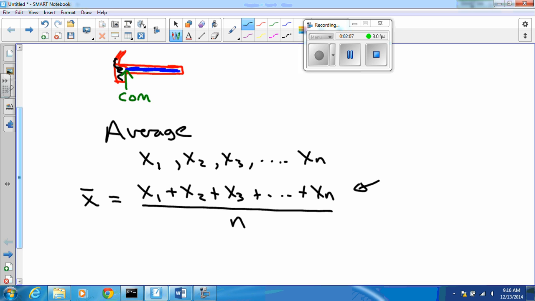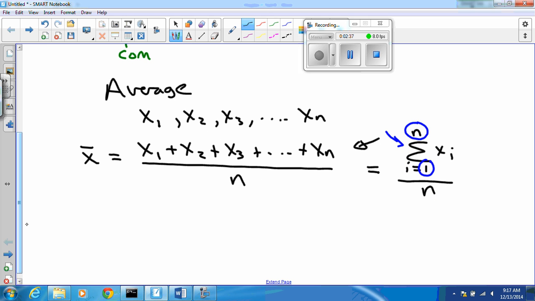This expression on the top is a little bit long-winded, so very often mathematicians and physicists will roll it up as a sum, so that x bar is the sum of all of the x's, starting at the first x and going out to the nth x, and then we divide by the total number. Well, that's all good, but sometimes we want some of our x's to count more than others, and that leads to the concept of a weighted average.